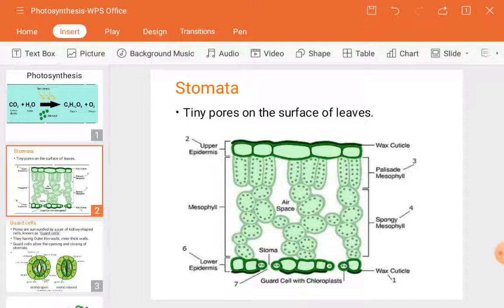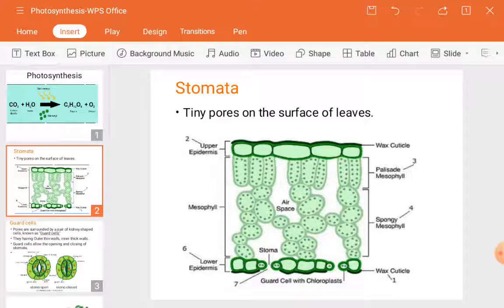If you see under the microscope you can easily observe which are the stomatal cells and which are the guard cells. As I gave you an example in the recording, you can observe it with naked eyes when the leaf dries up.